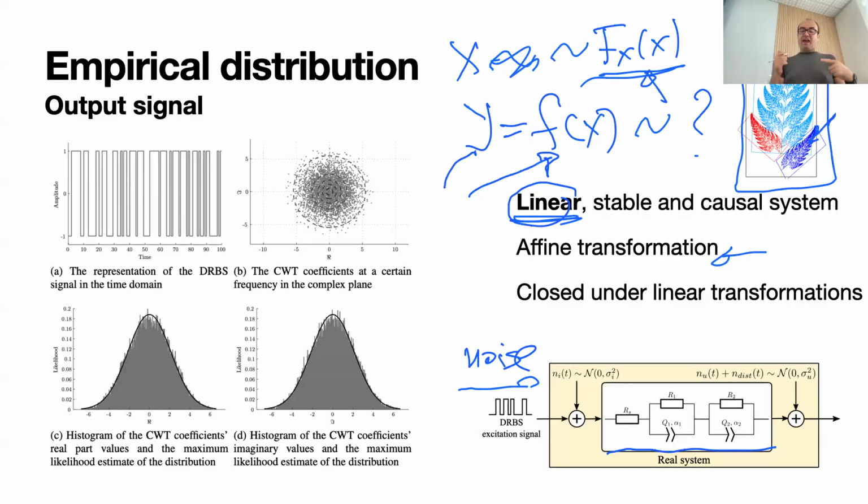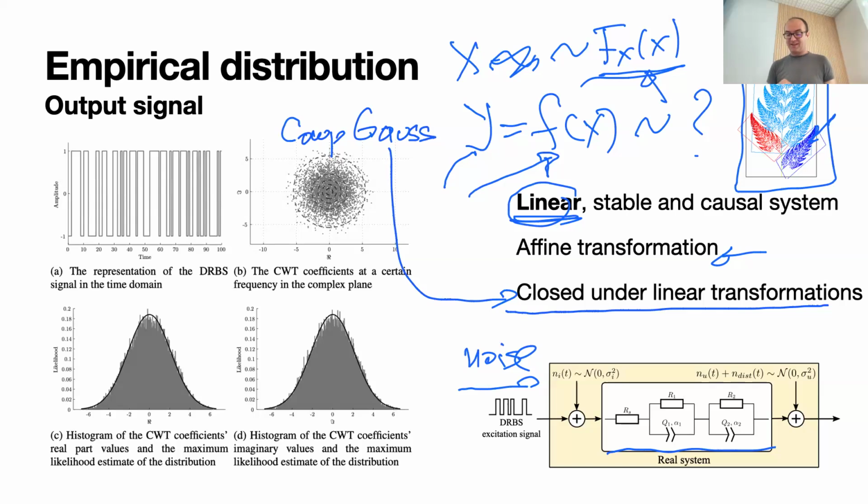And this is important, and it's not the case with any type of distribution, but if we have a complex Gaussian, as we have here, the complex Gaussian distribution is said to be closed under such linear transformations. So what does this mean?